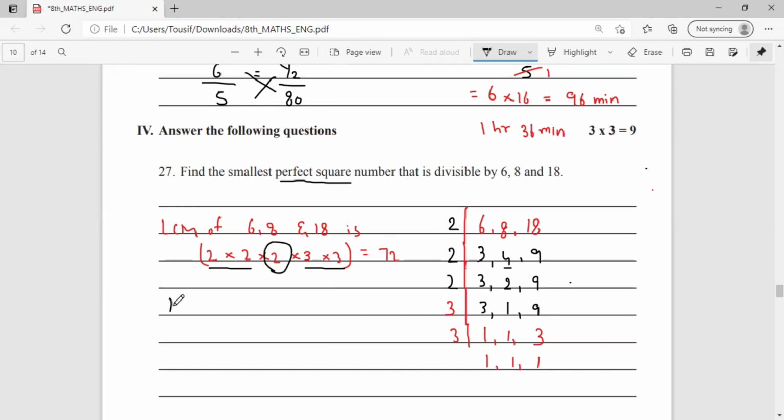So here, 2 is not in the form of a pair.